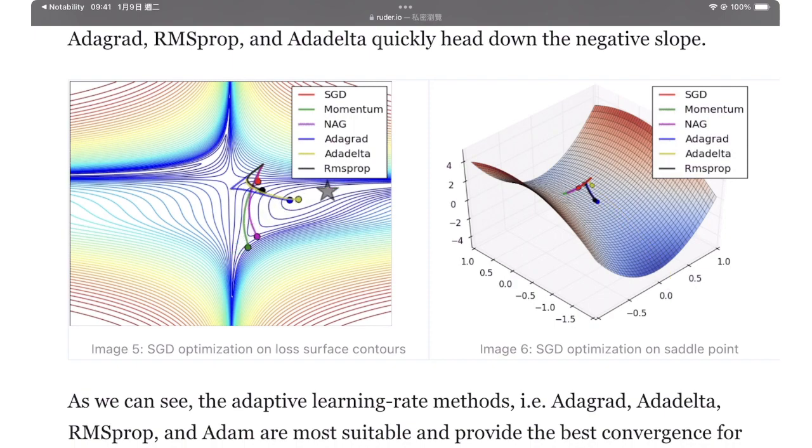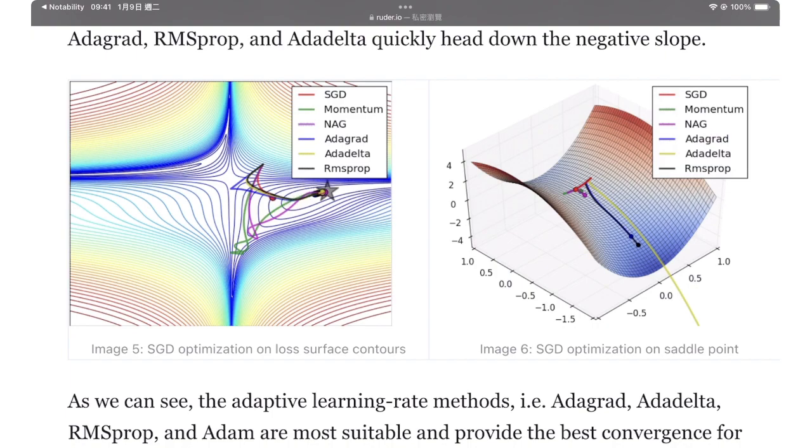Okay, and as you can see, it goes too far here. It passed the star point, right? Because of momentum. So momentum is still not that good.